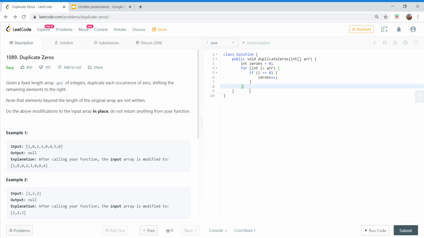Now, as we discussed, we need two pointers, one i, which will be starting at array length, and another pointer was j, which will start from increased array length.